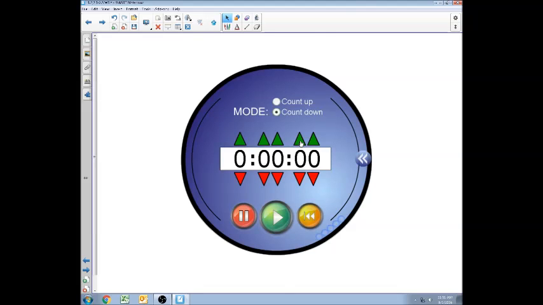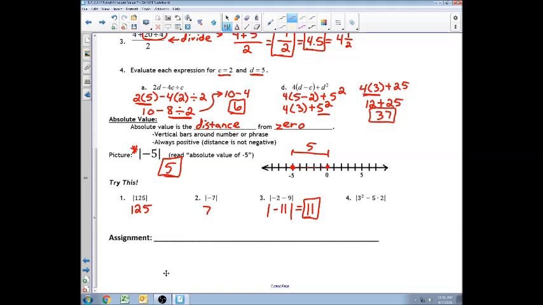And pencils down, please. Looking at number 4, I have an exponent. So the first thing I want to do is actually evaluate the exponent. So 3 squared is 3 times 3, which is 9. Then I have minus 5 times 2. What is the next step in absolute value? Make sure these bars are big enough so it doesn't look like that's a 19 or a 21.